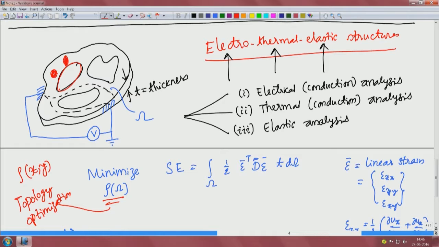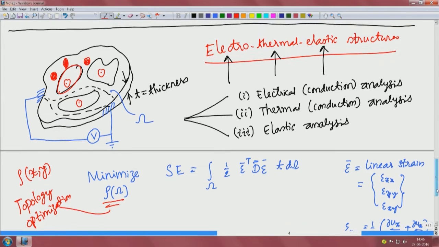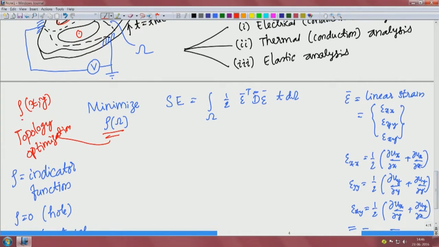Let us say this is all material, and this is all holes. If I take this point, I get a hole. If I go here, I get material. That is how the holes get defined once we find this indicator distribution rho of x, y. The indicator function defines the material distribution.